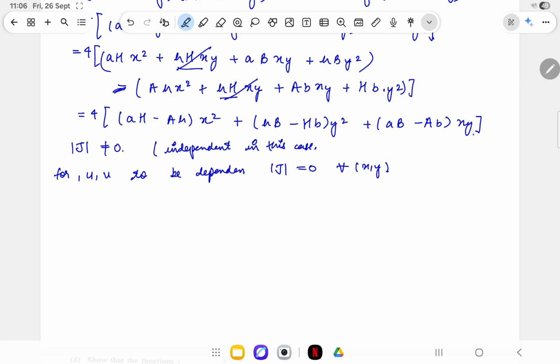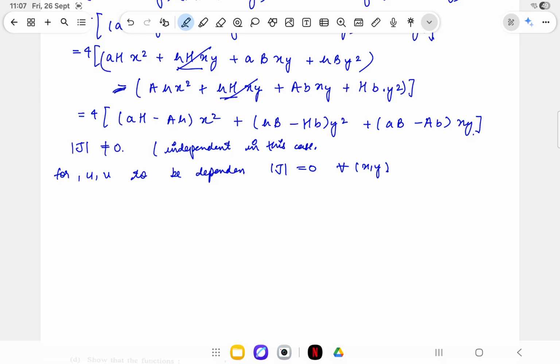They must hold for all x, y, so the Jacobian must be equal to 0 no matter what x, y we take.